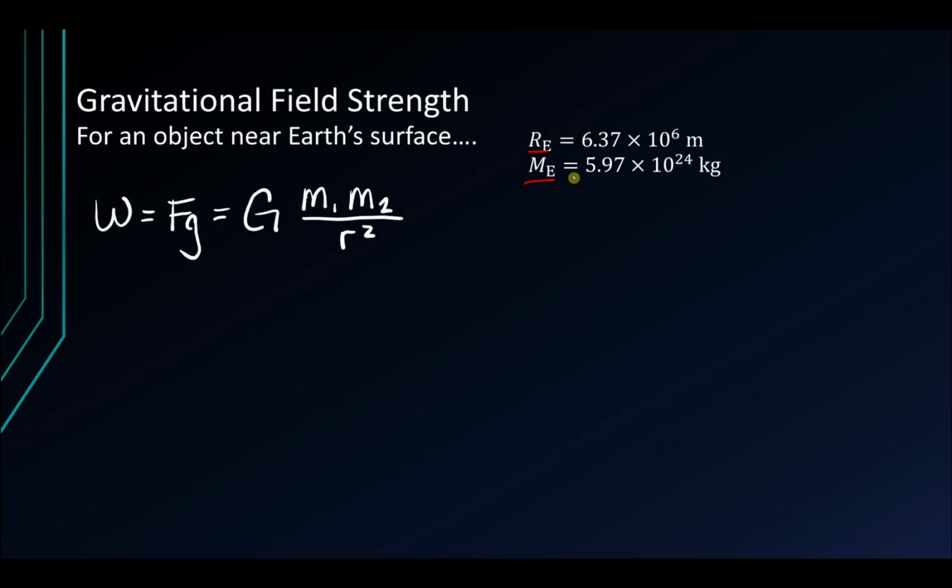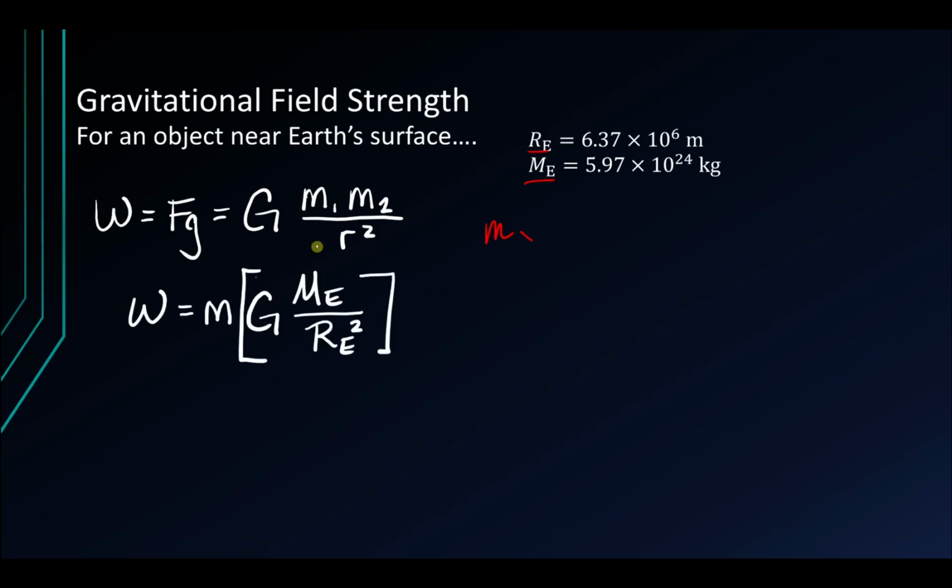So let's assume that there is an object, we're just going to call it M1, sitting on the Earth. So mass 2 is going to be the mass of the Earth, and the radius between that object and the Earth is going to just be the radius of the Earth.